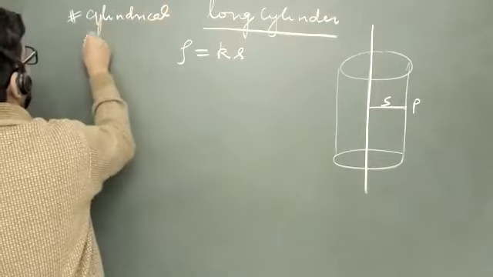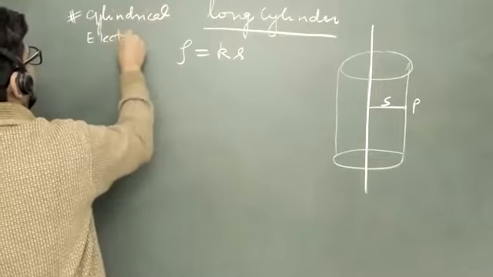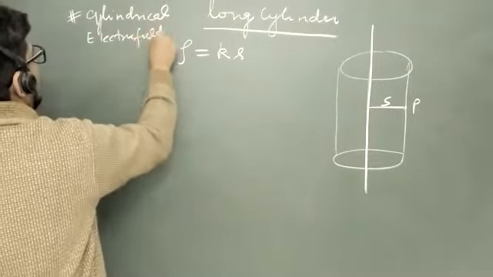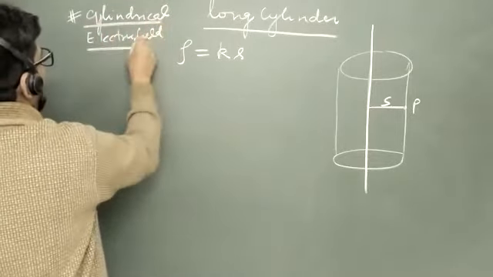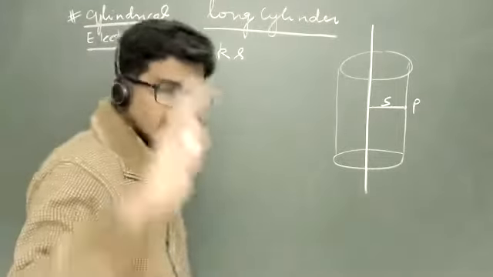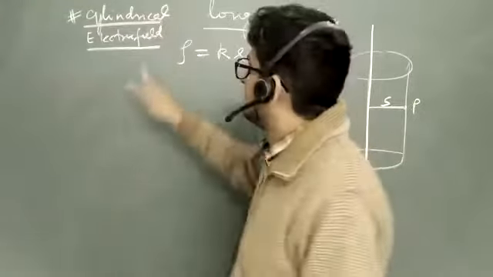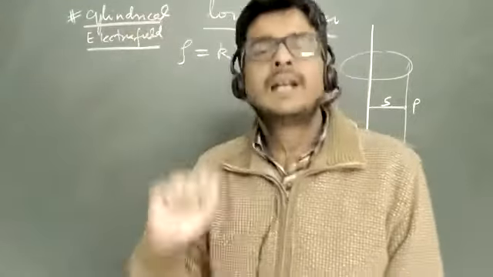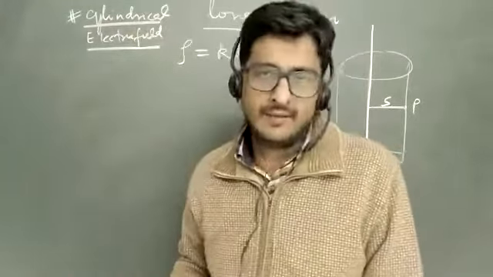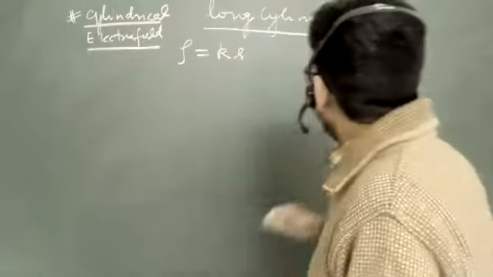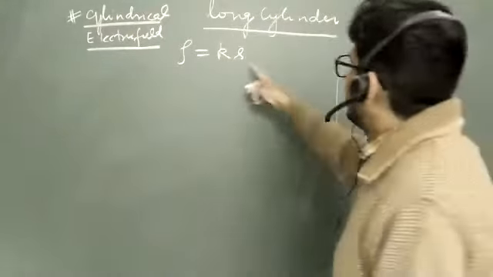Next thing is we have to calculate electric field. So both are within our knowledge. You will decipher every question like this, however difficult the question is. First of all, try to isolate what type of symmetry exists, what quantity you have to calculate, and accordingly we will apply something. So this is the charge density.